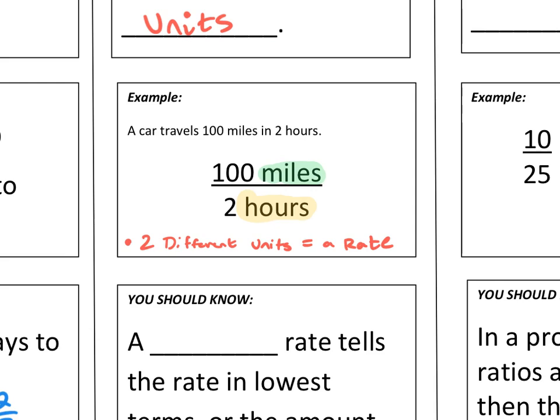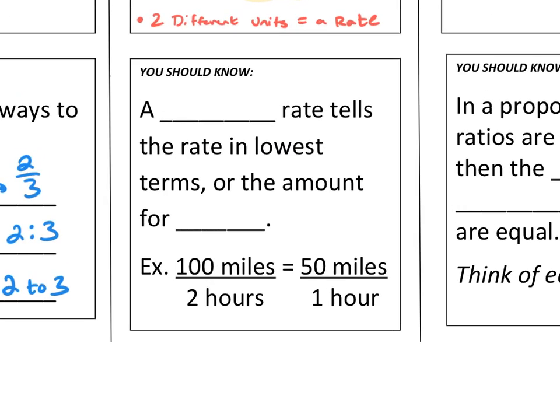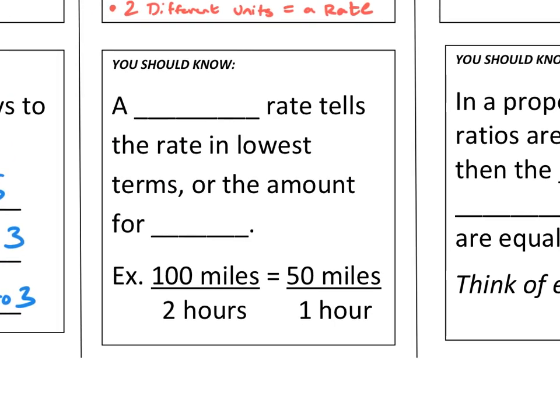The last thing you need to know is that a unit rate tells the rate in lowest terms, or the amount for one item. You're going to be asked to find some unit rates later on. Do you see how our example was 100 miles per 2 hours?